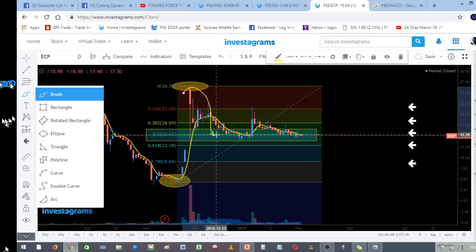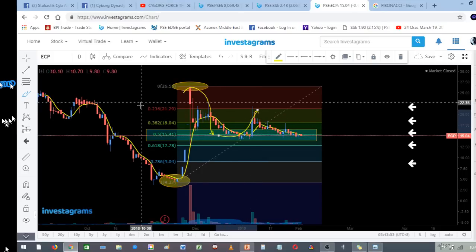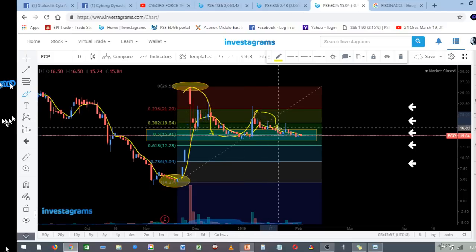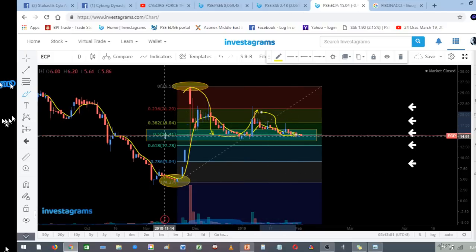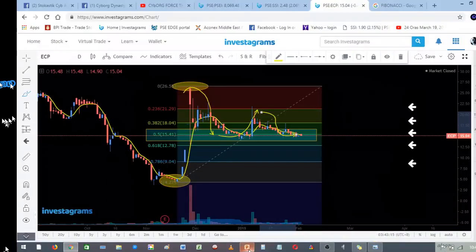And then it went up again to the 23.6 level. And then it goes down again to the support level. And this level has been proven by the statement that a Fibonacci retracement level 50 is the most hit level.